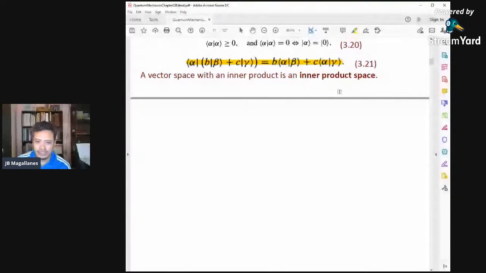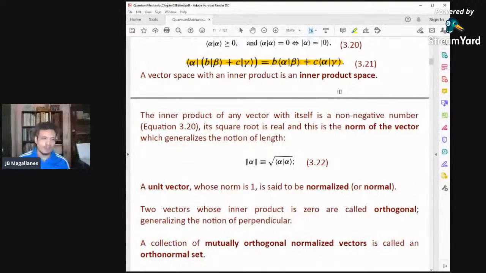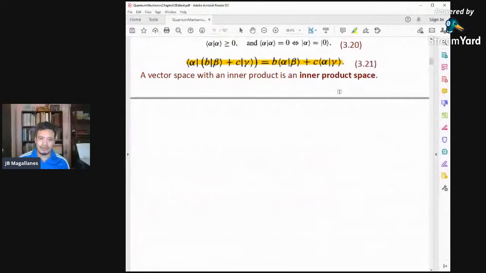That's the distributive property of the inner product.